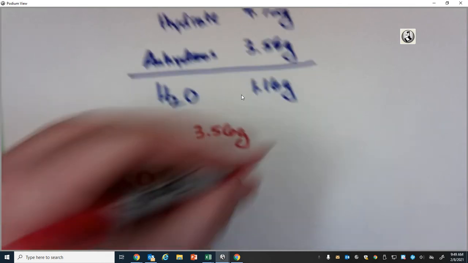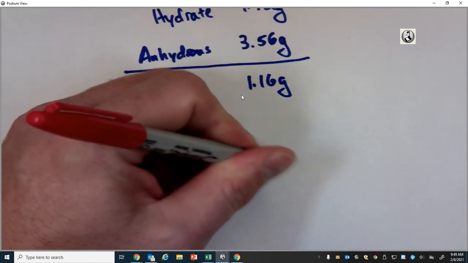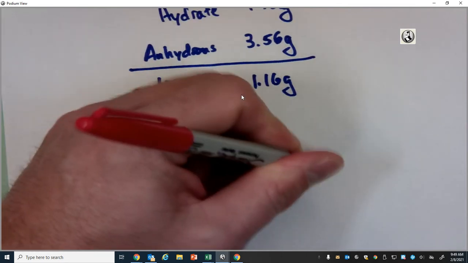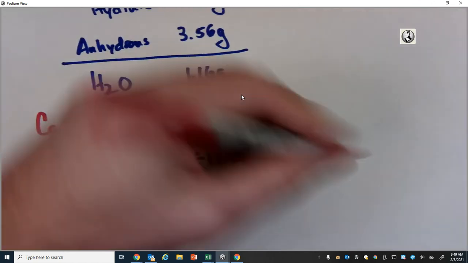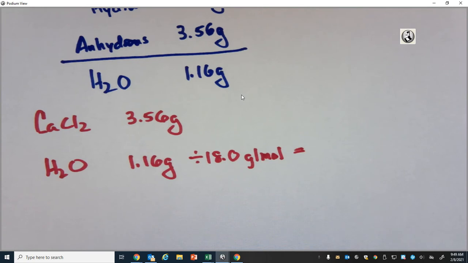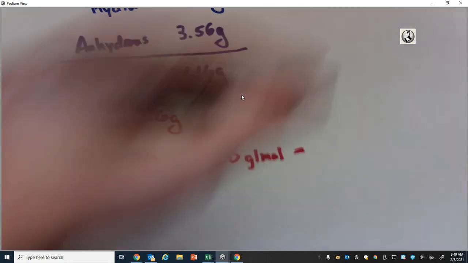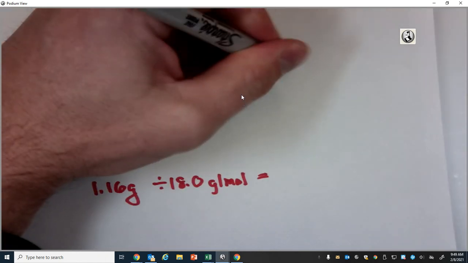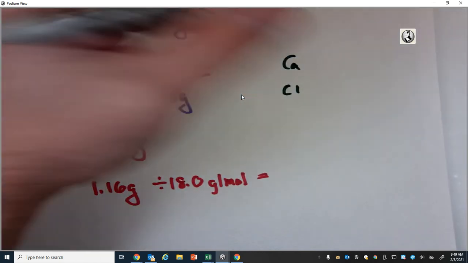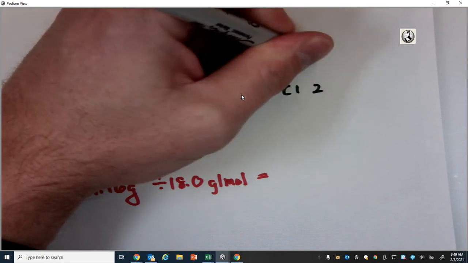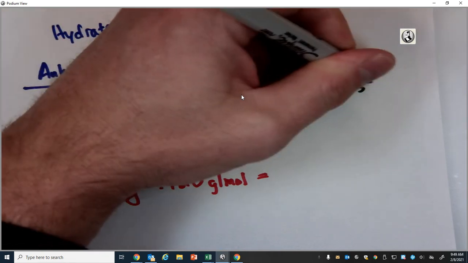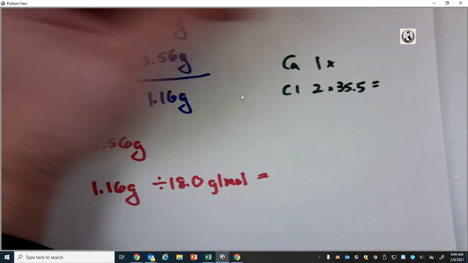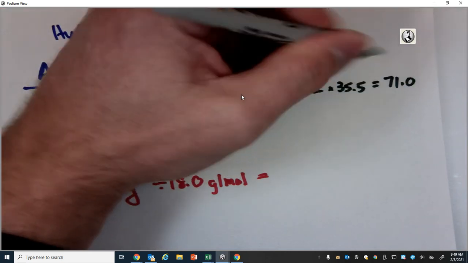So for water, we have to divide by its GFM, and hopefully, like I said before, at this point water's GFM is 18 grams per mole. We'll do that math in a second. We do have to get the GFM of calcium chloride. Over here to the side, I've got calcium and chlorine. Chlorine, there's two of them. Calcium, there's one. I know chlorine is 35.5. 2 times 35.5 is 71.